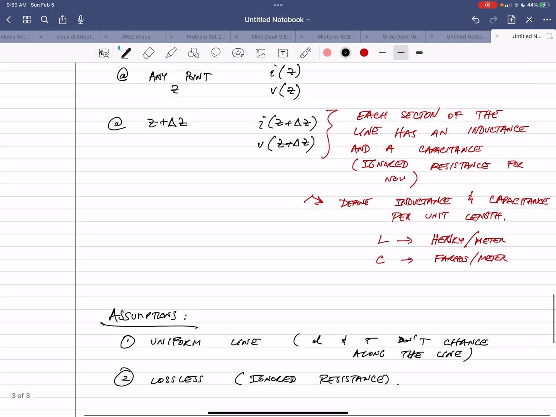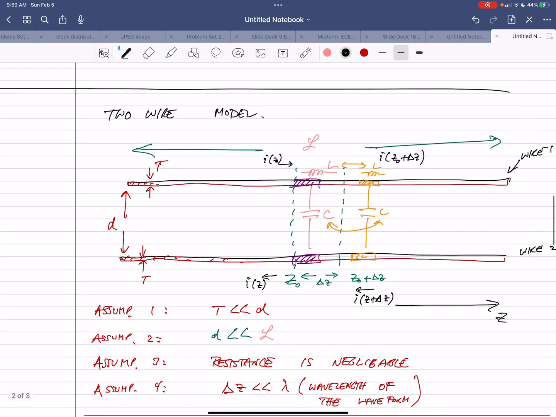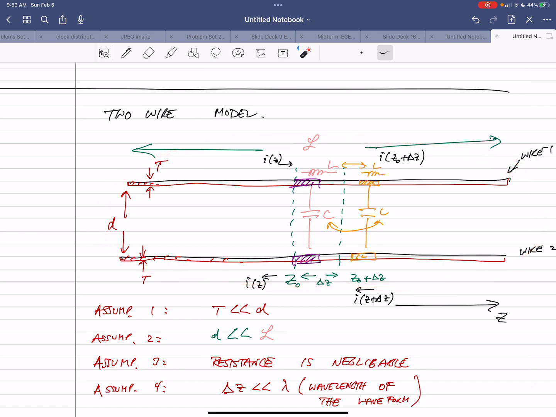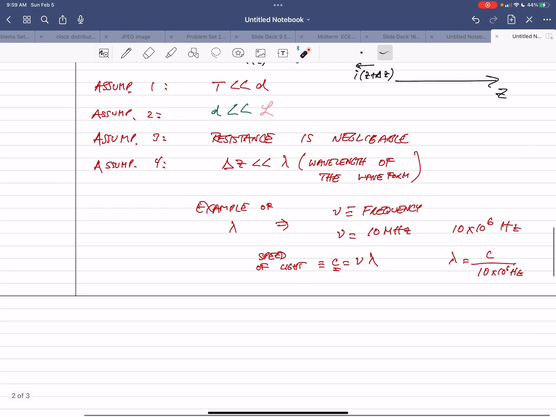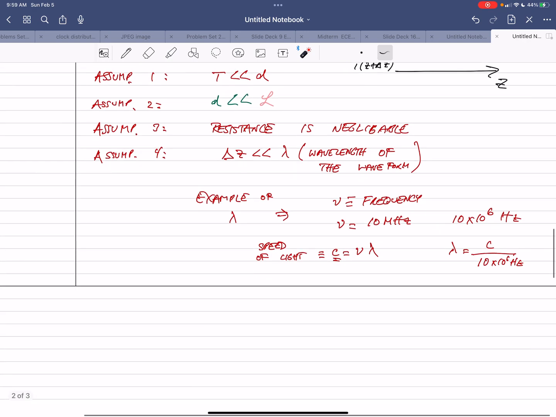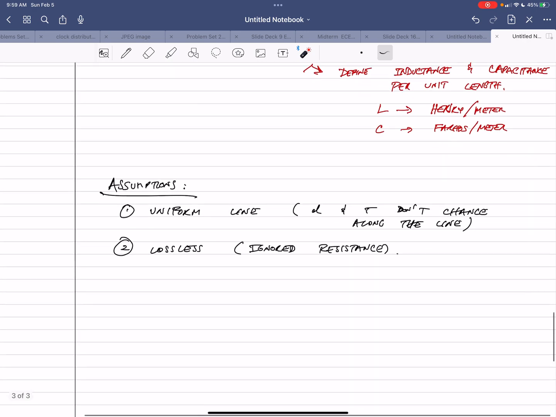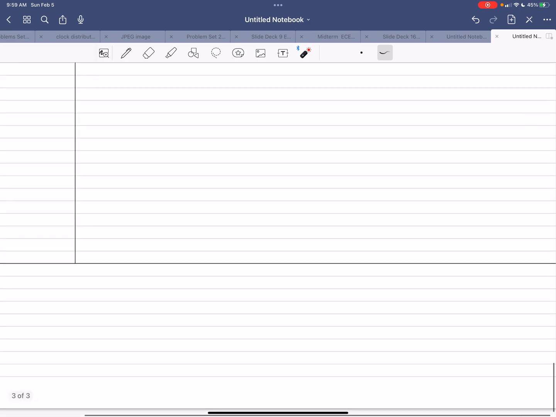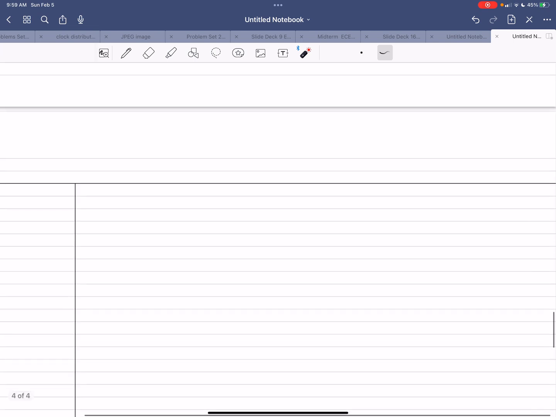Okay, so now that I'm not going to look at resistance, and I'm going to look at this as sections of the line, I can draw it as a circuit diagram, just with the capacitors and inductors. So let's see, open up this thing here.